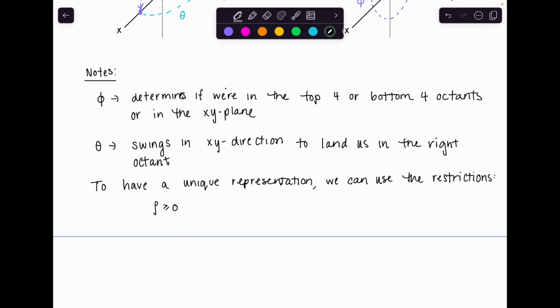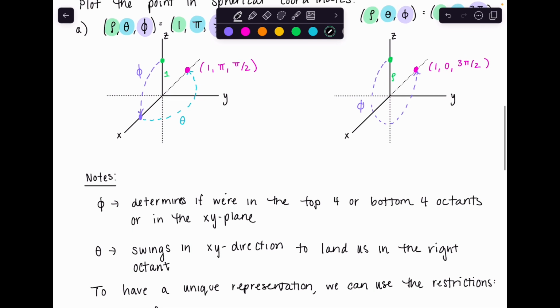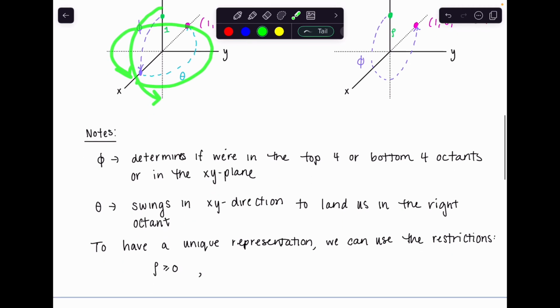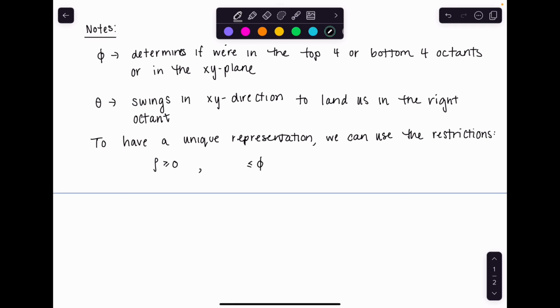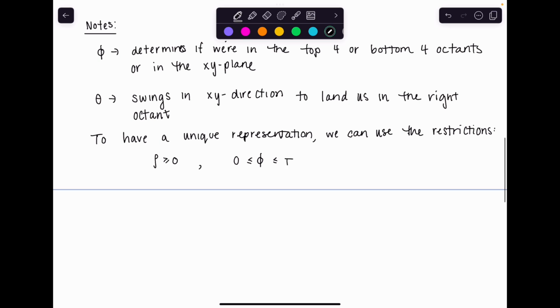Same kind of idea here. Now to guarantee I'm not in this last case where I swung around super far into the back, to guarantee I'm just in the top or bottom 4 octants, I'm going to restrict phi to 0 to pi. So this way it'll either land me on the positive side of the z-axis or the negative side, and then theta will in turn swing this thing around. So phi is going to be an angle that's stuck between 0 and pi.